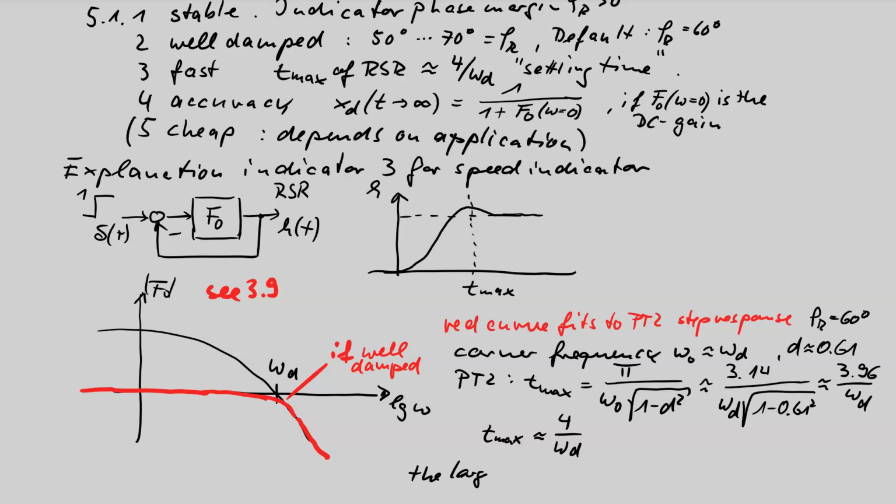The larger omega d, the larger the speed. So this is one main information. Omega d as a speed indicator is helping in our design procedure very much.